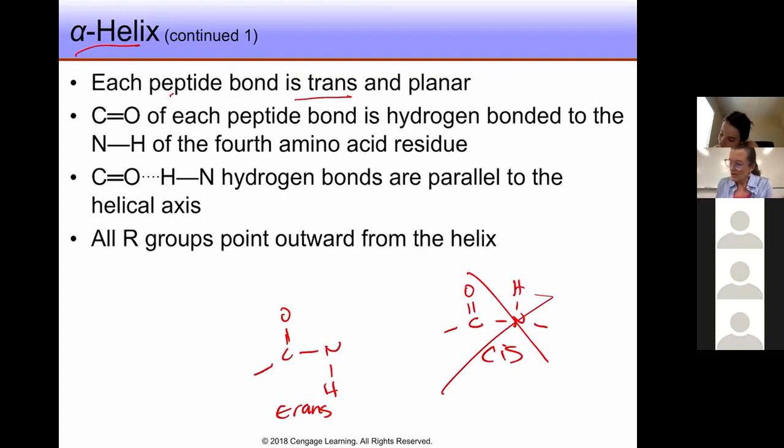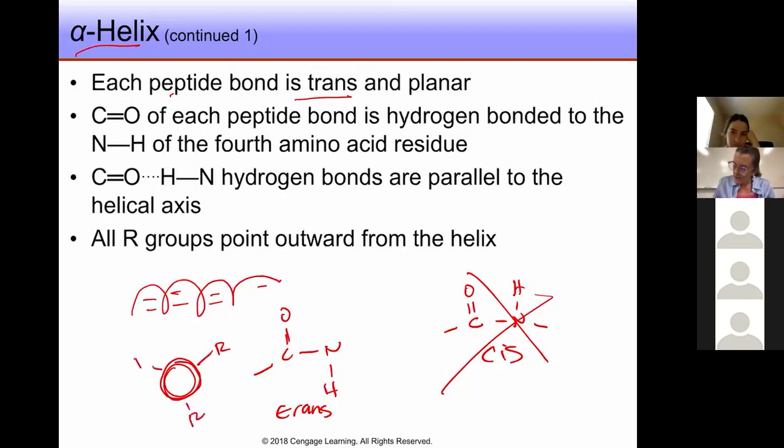Okay, and then the other thing that's worth pointing out, so let's say I have my helix, all the hydrogen bonds are in the tube of the helix. Let's say now I turn my helix and I'm looking down the barrel of it like that. The R groups point out from the sides. So they are not involved in the secondary structure.